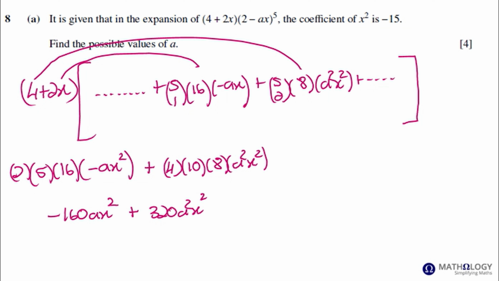Now what we're interested in is the coefficient of x squared. So the coefficient of x squared is −160a + 320a squared. So −160a + 320a squared equals −15.